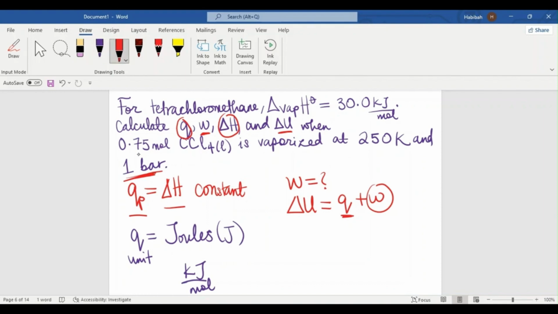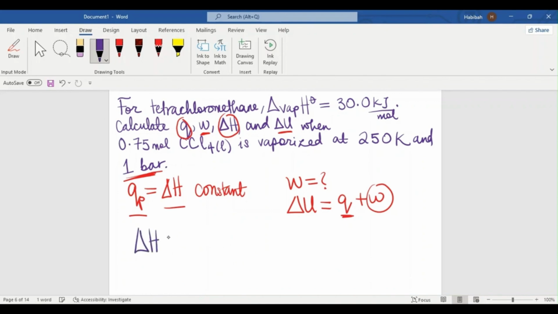I'm only breaking this down because I don't want people to be confused, wondering how we went from here to here. So the change in enthalpy is equal to the number of moles times the change in enthalpy of vaporization.